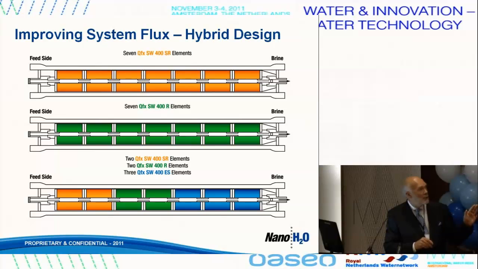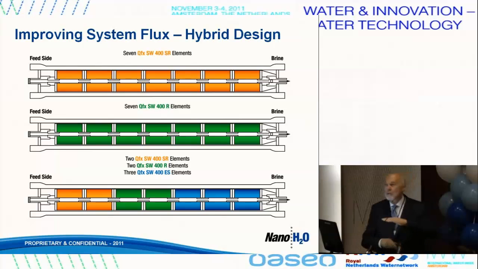You're taking fresh water and putting that into this central core tube. As you do that, you're basically increasing the amount of salt that the next membrane sees. So one of the solutions here that works very well is to have lower flux, high rejection membranes in the front, and very high flux membranes in the rear, and you balance your permeate flux throughout the entire pressure vessel.